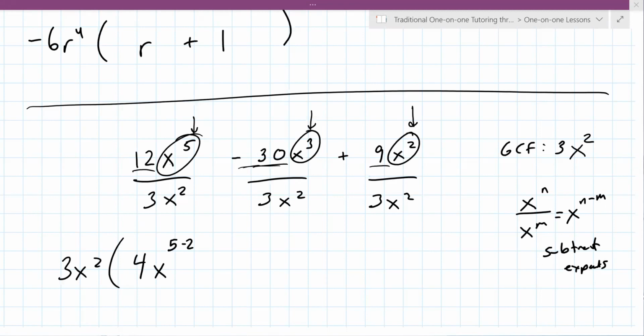So now let's go to the next one. What is 30 divided by 3? 10. X cubed over x squared is x to the 3 minus 2. Do you see how you subtract the exponents?